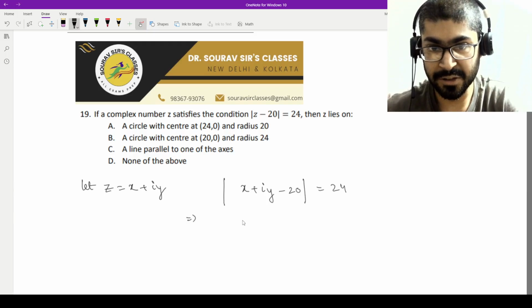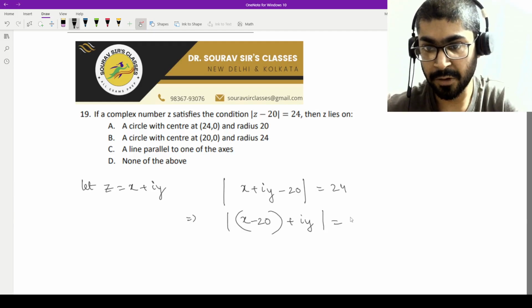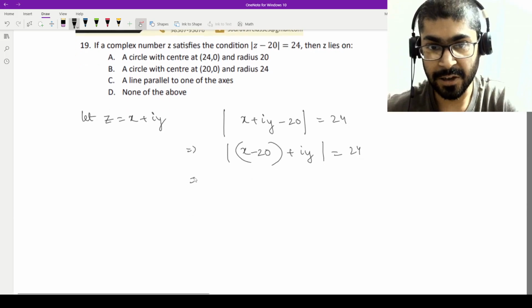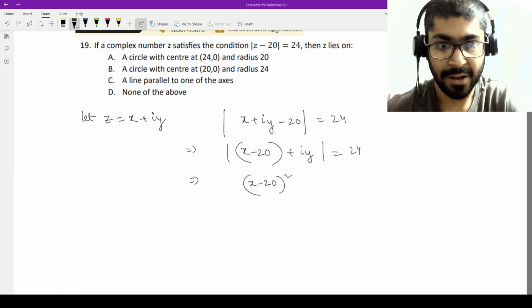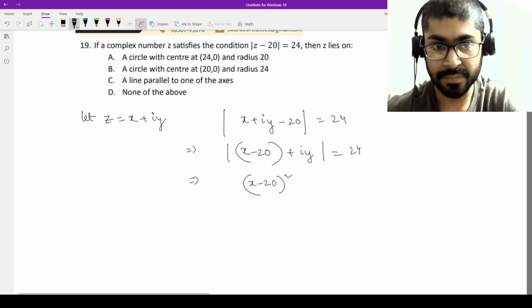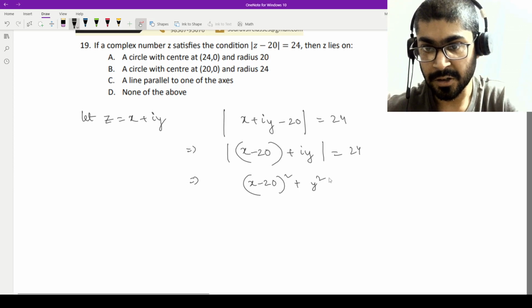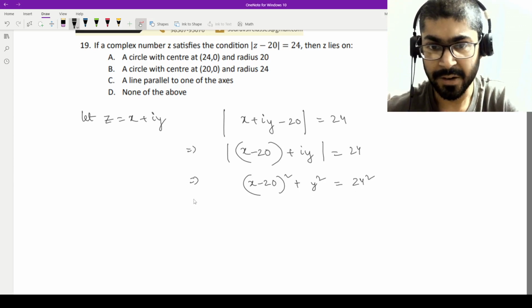This means |(x - 20) + iy| = 24, which means (x - 20)² + y² = 24².